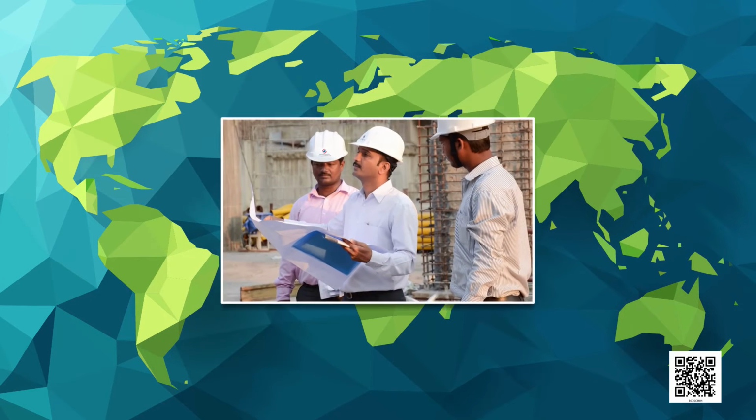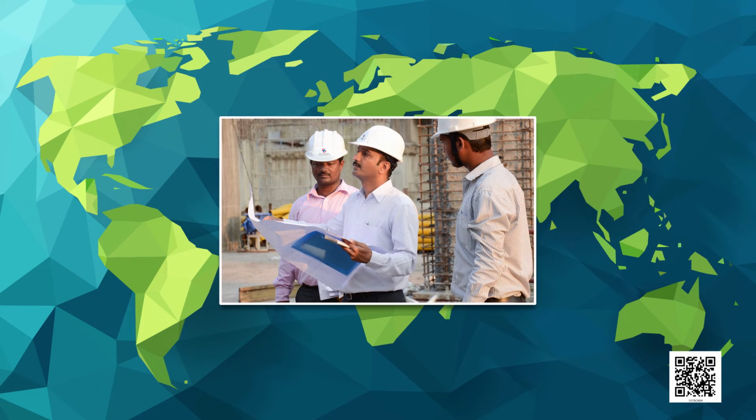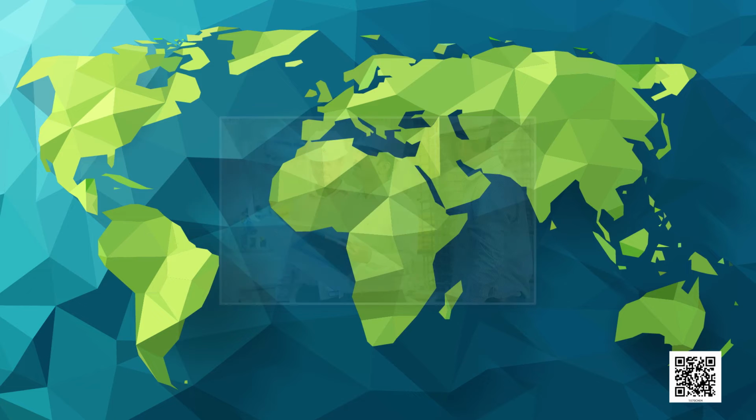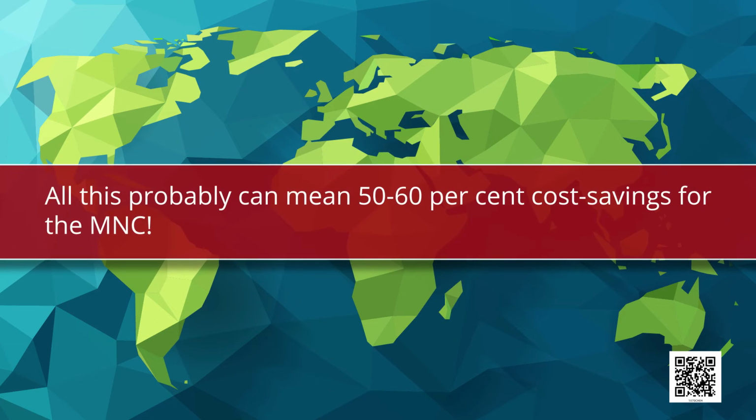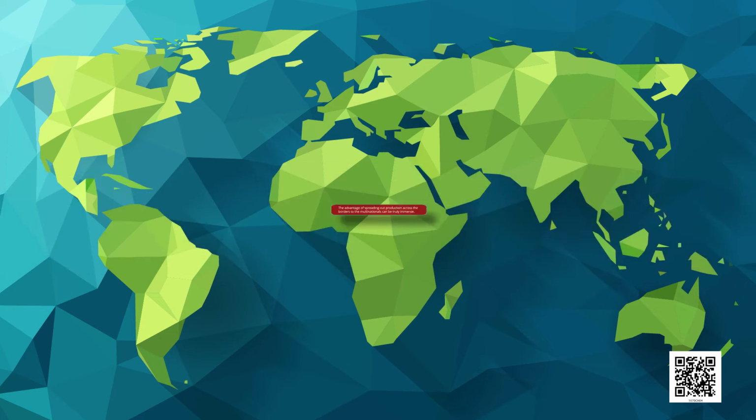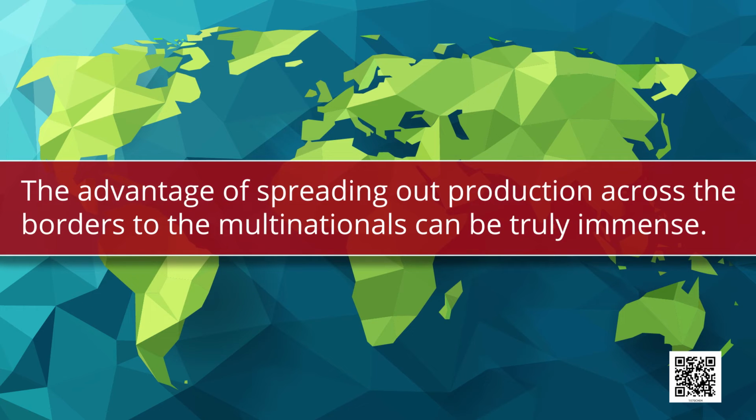India has highly skilled engineers who can understand the technical aspects of production. It also has educated English-speaking youth who can provide the customer care services. And all this probably can mean 50 to 60% cost savings for the MNC. The advantage of spreading out production across the borders to the multinationals can be truly immense.